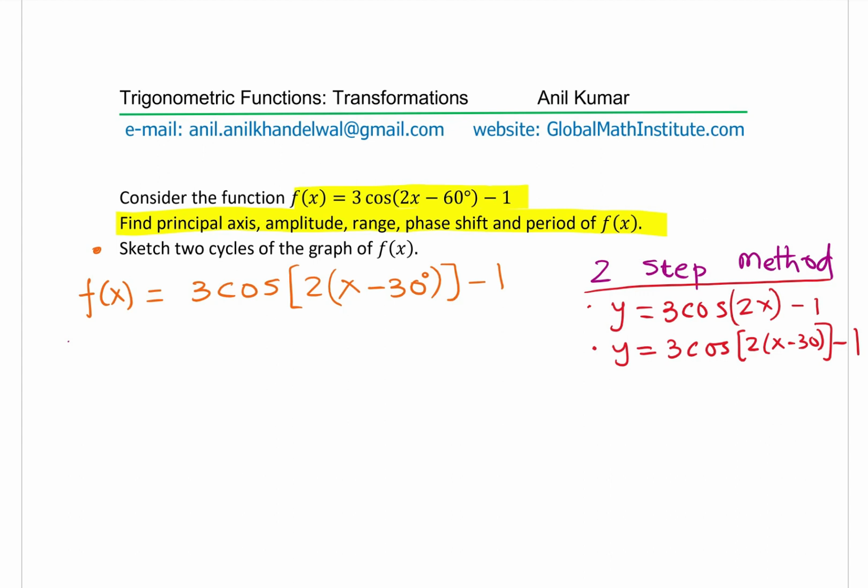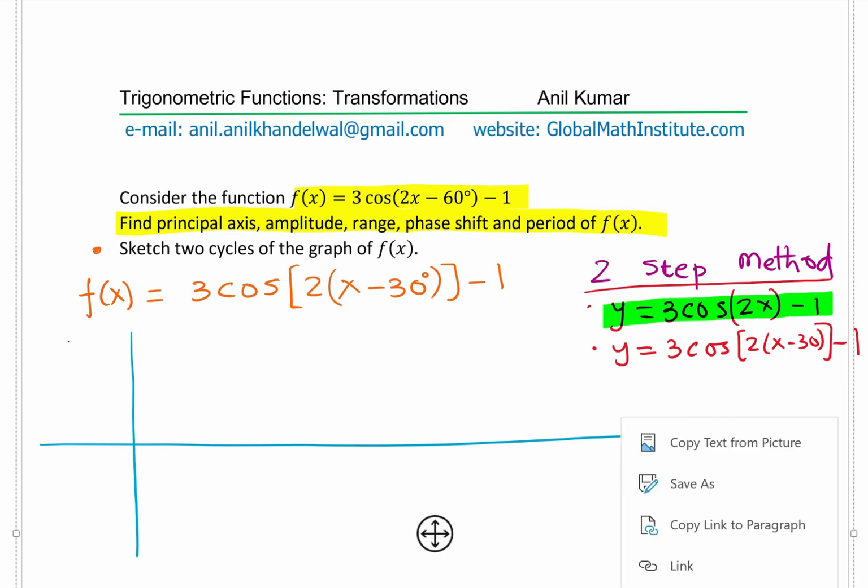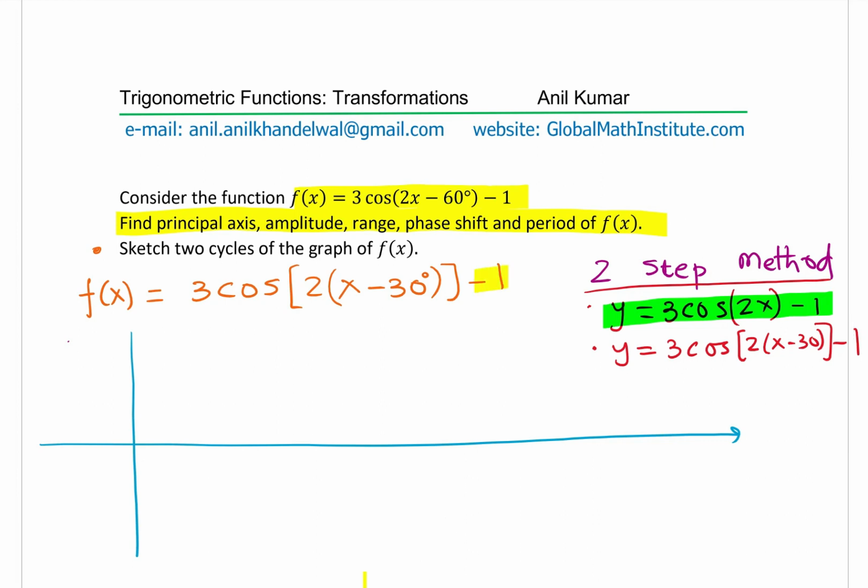So let us say we want to sketch the graph here. We'll now sketch the first part, which does not include the translation left or right: 3 cos 2x minus 1. So we begin with the axis itself. The first thing you have to take care of is the axis, which is minus 1. Let us say this is minus 1 for us.